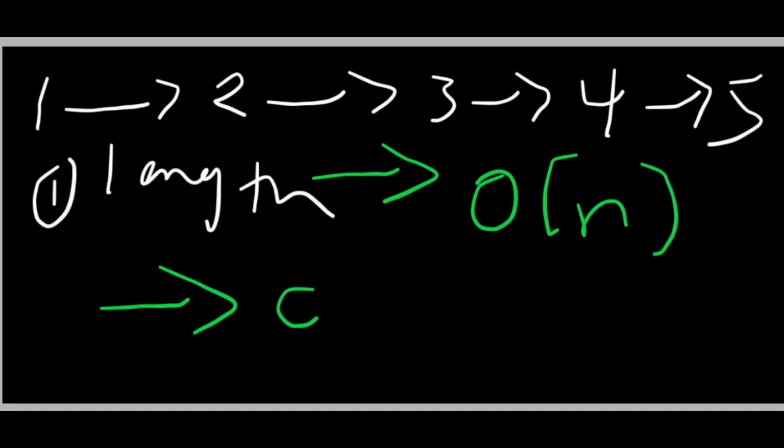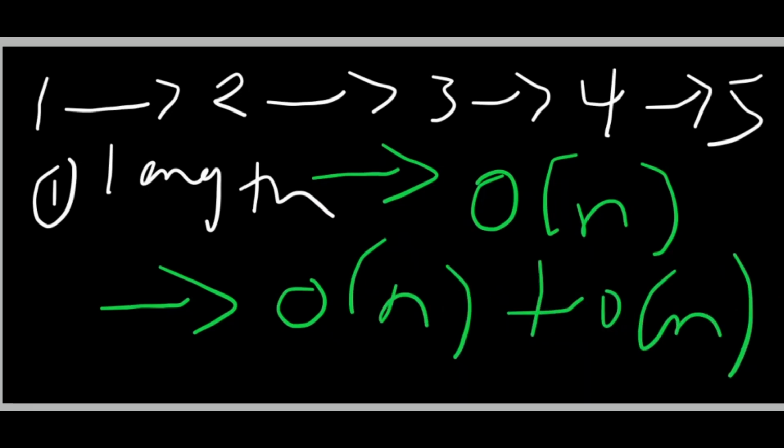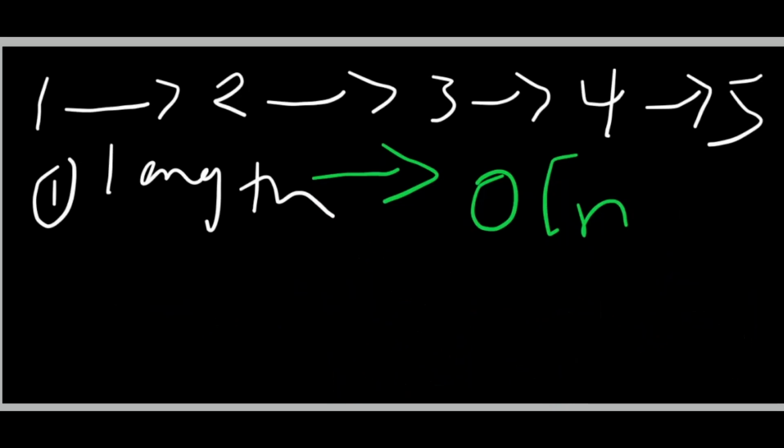Instead, we'll be having O of n plus O of n, because one runs after the other, in which case we'll have O of 2n, and we know that the constant is negligible, and so this is an O of n operation. And this is also going to be running in constant space because we're not using any extra data structure to store our data.